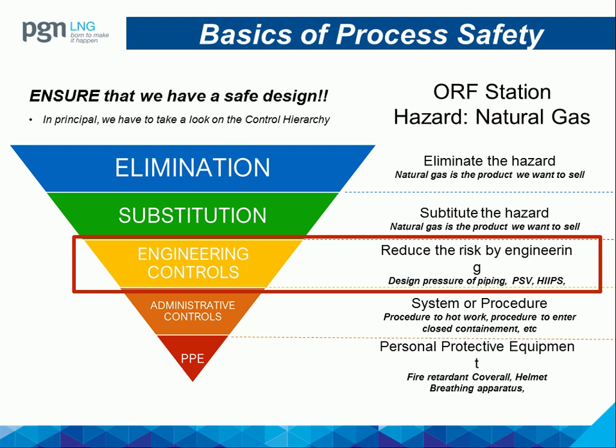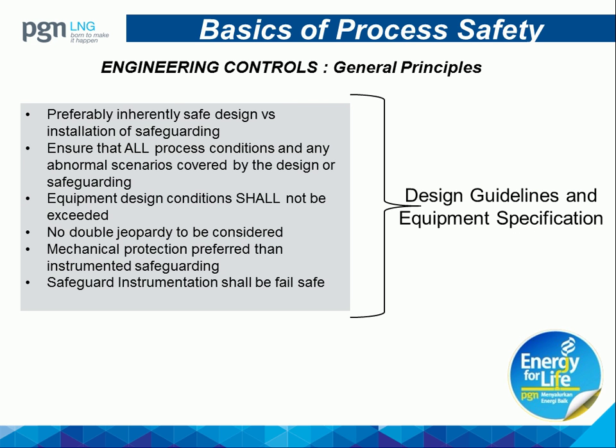But all in all, everything needs to be done properly, so we get a good, safe design, and to mitigate if in any case there is an inadvertent process event that happens in our plant. So a bit more detail on the engineering controls.